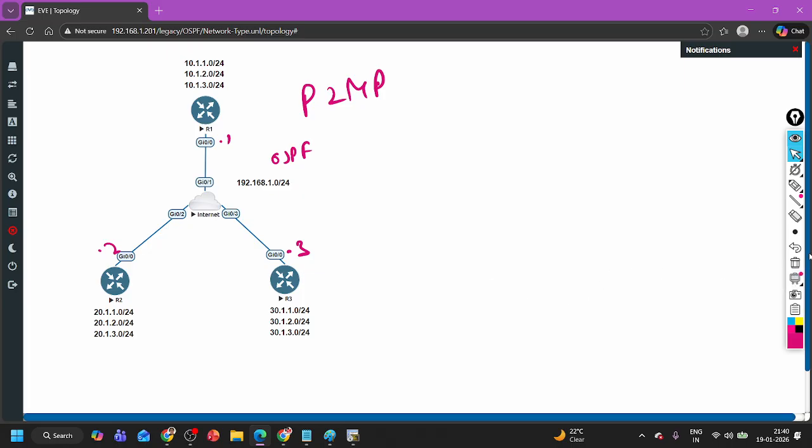If you have a WAN circuit, a virtual circuit everywhere between all the sites, you can configure network type broadcast or non-broadcast. But if you have only virtual circuits between hub and spoke, the network type must be configured as point to multi-point or point to multi-point non-broadcast.